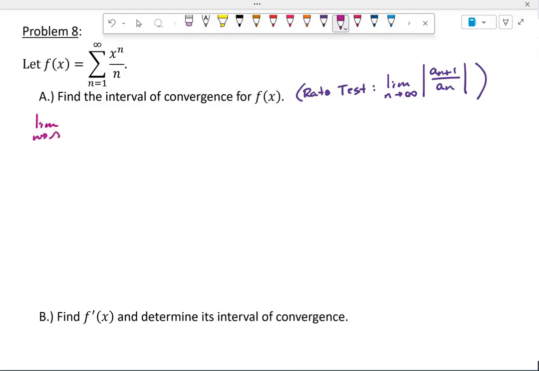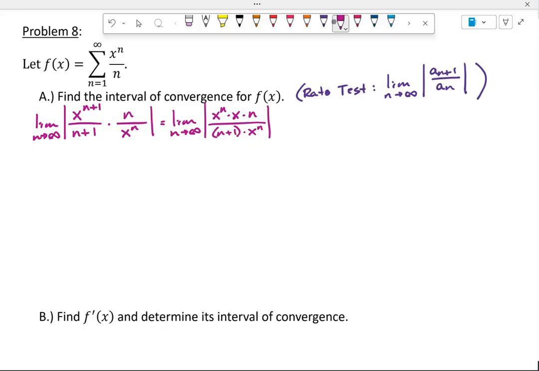So we're going to go ahead and do the limit as n goes to infinity of the absolute value of x to the n plus 1 over n plus 1 times n over x to the n, right? All right, let's go ahead and rewrite things and cancel some stuff out. So we have the limit as n goes to infinity of x to the n times x times n over n plus 1 in parentheses times x to the n. So what cancels, guys?